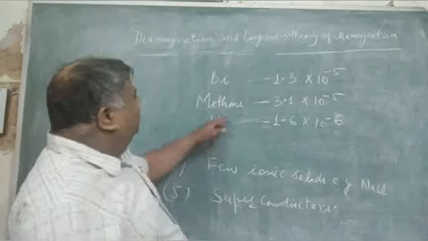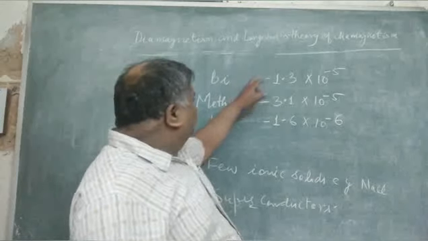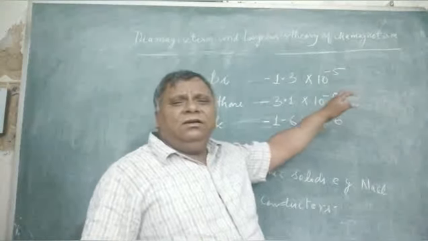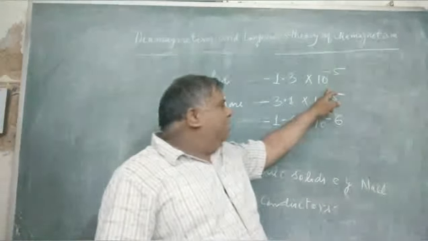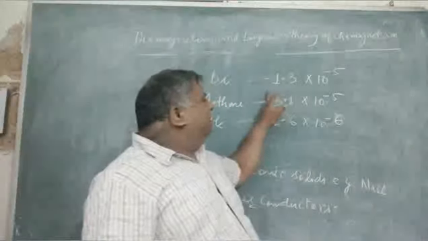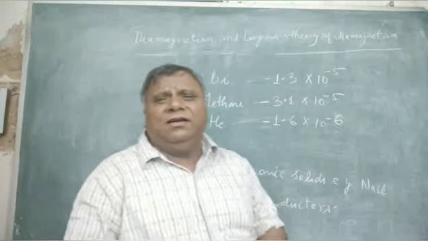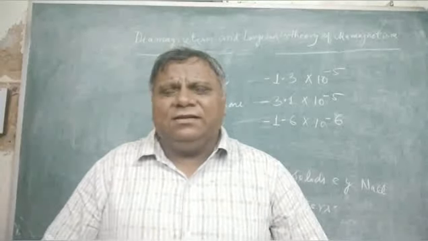So, the magnitude of susceptibility normally remains of the order of 10 to the power minus 5 or 10 to the power minus 6. The values are negative. Most of the time it is 10 to the power minus 6.